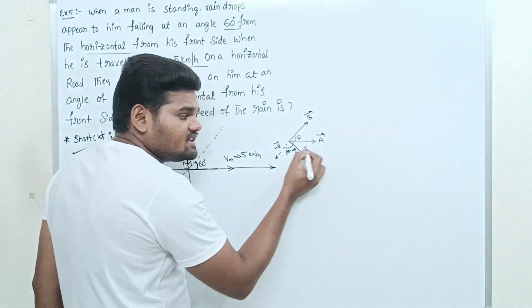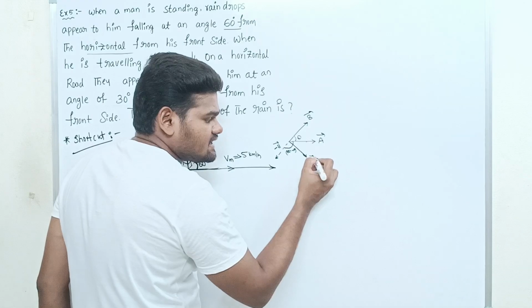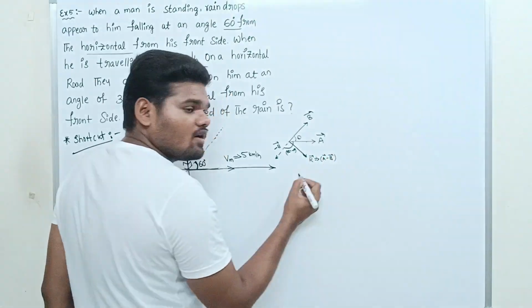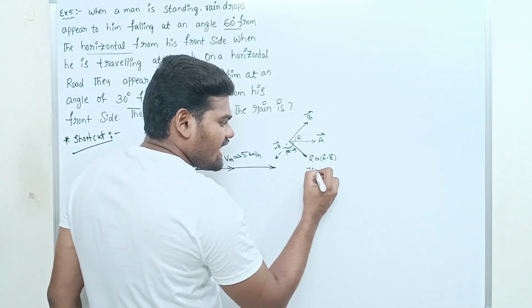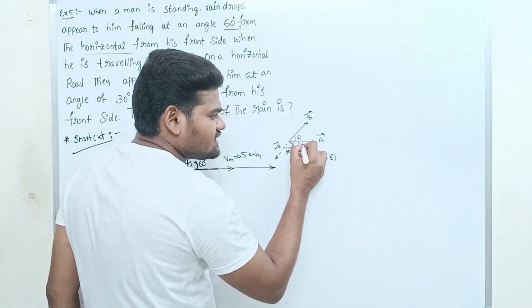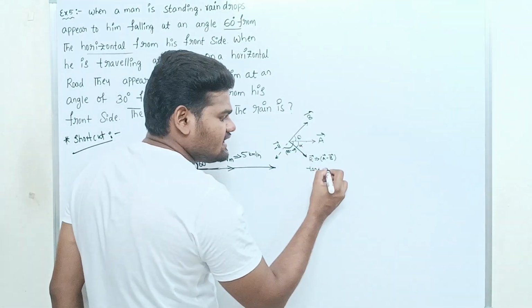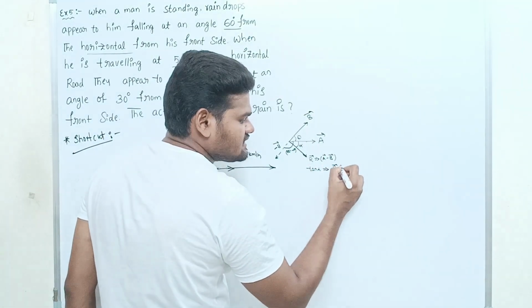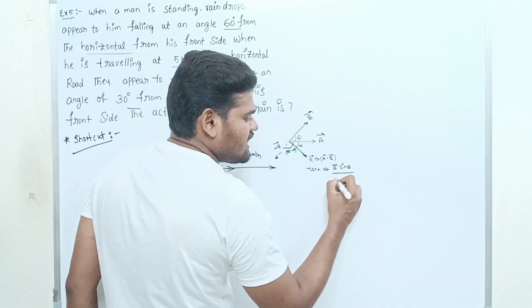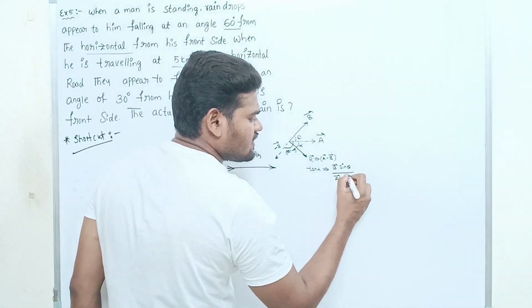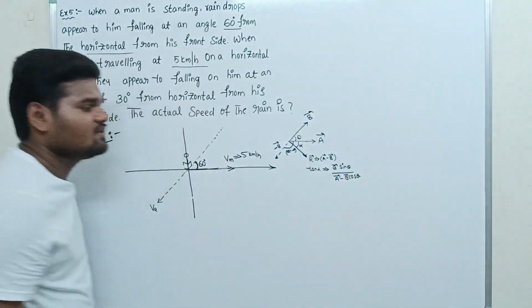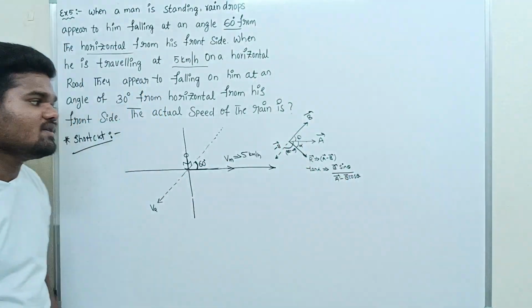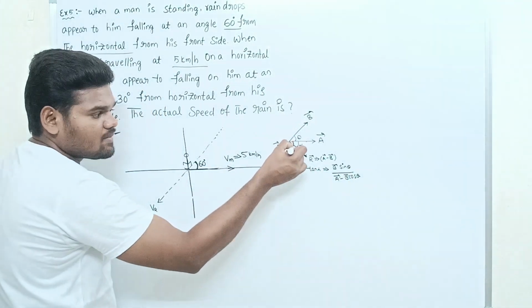Now the resultant of these two vectors is given by A bar minus B bar. And the angle made by the resultant, alpha degrees with the horizontal line, is given by B bar sin theta by A bar minus B bar cos theta, where theta is the angle between A bar and the new B bar vectors.